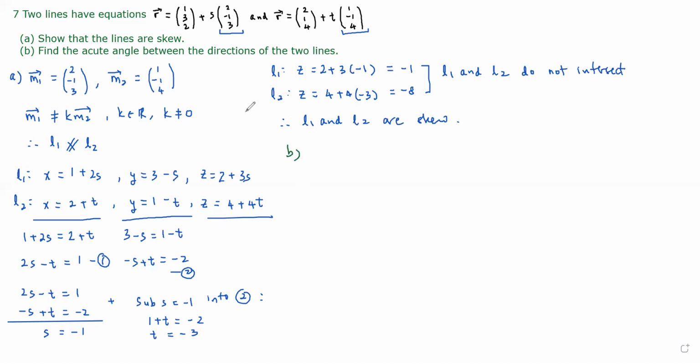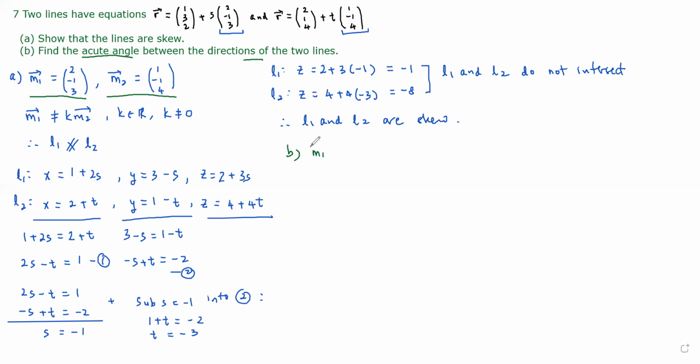Part B, we need to find the acute angle between the directions of the two lines. So we just need to find the acute angle between the direction vector of line 1 and the direction vector of line 2. To find the angle between two lines, we can use the definition of the dot product.